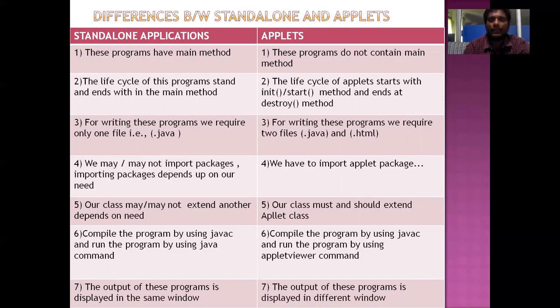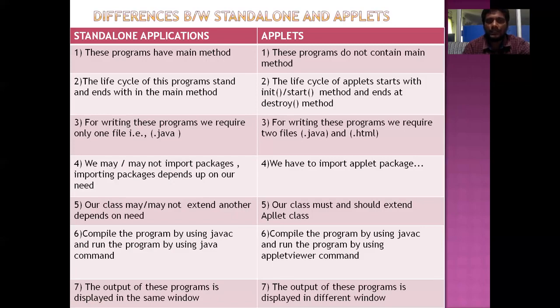The life cycle of an applet contains 4 methods: init, start, stop, and destroy. The life cycle of an applet will start with the init or start method. You cannot say the life cycle will start with the init method alone. It will start with the init or start method, and the life cycle of an applet ends with the destroy method.